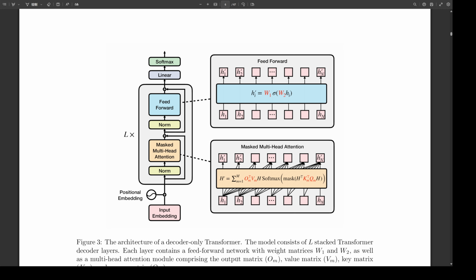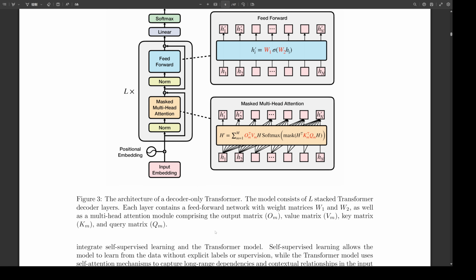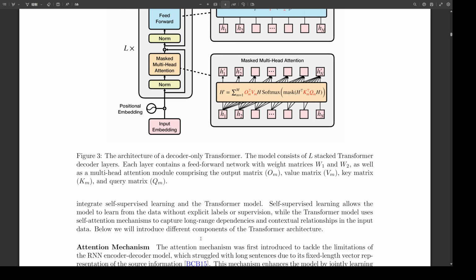Right. It's like if you were writing a story and you were about to write the next sentence, you might think back to earlier parts of the story that are relevant to what you're about to write. I see. It's like the model is dynamically focusing its attention on the most important parts of the text. Exactly. And mathematically, this involves calculating a similarity score between a query, which represents the current word being generated, and each key in the input sequence.